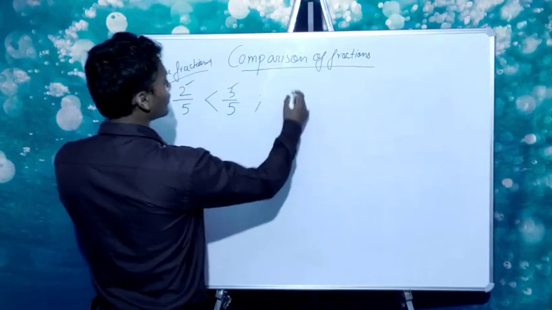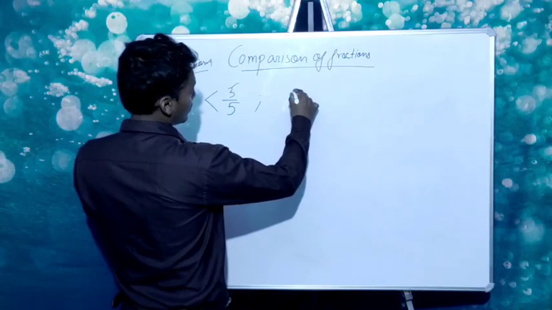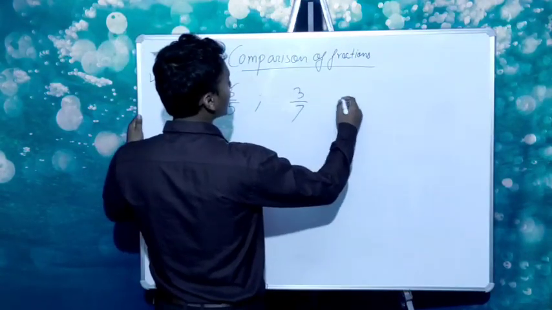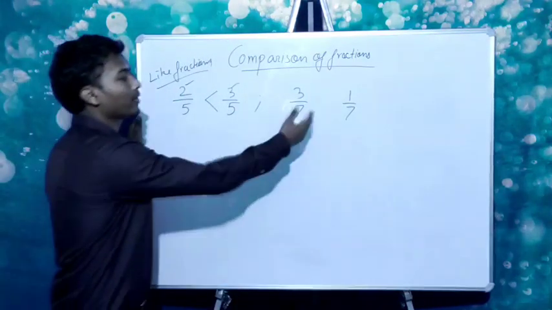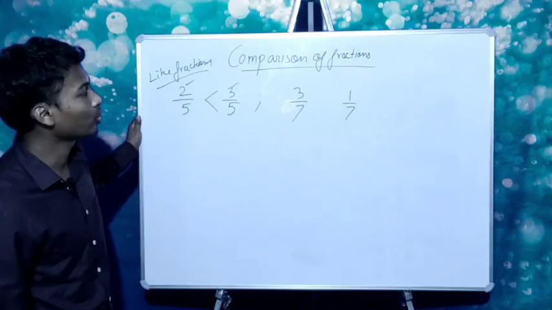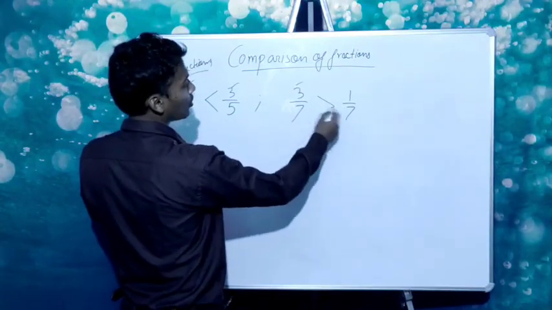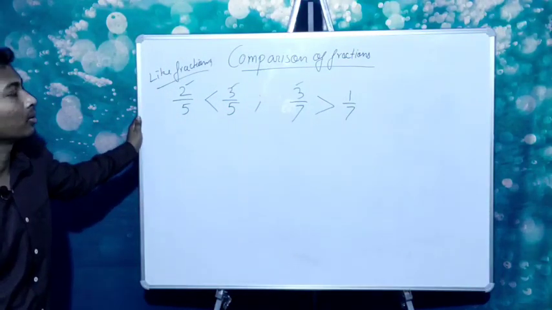So whenever you have a like fraction, the comparison is very easy. So if we have, let's say, 3 by 7 and 1 by 7, so the denominator is same, means it is a like fraction. You have to look in the numerator part. So here 3 is greater than 1, so 3/7 is greater than 1/7.